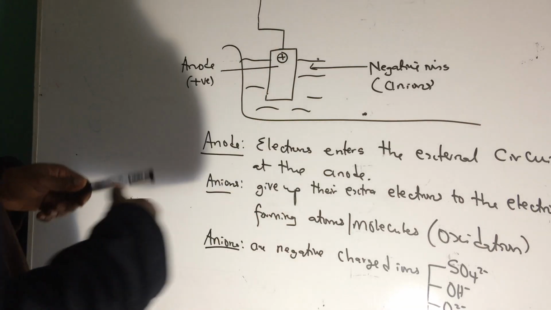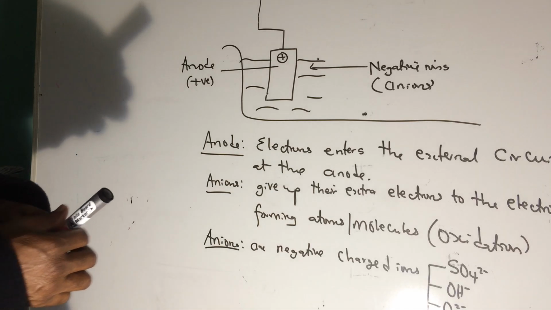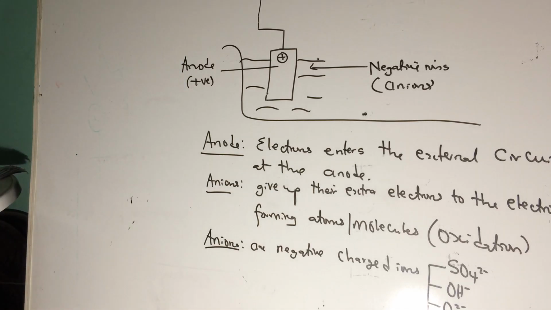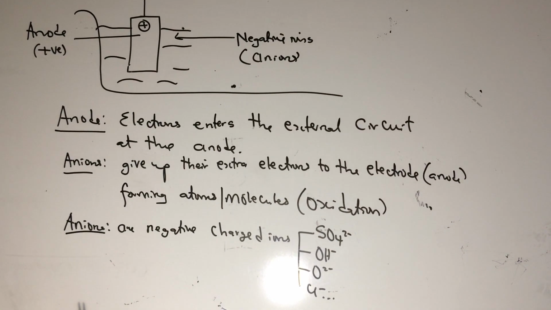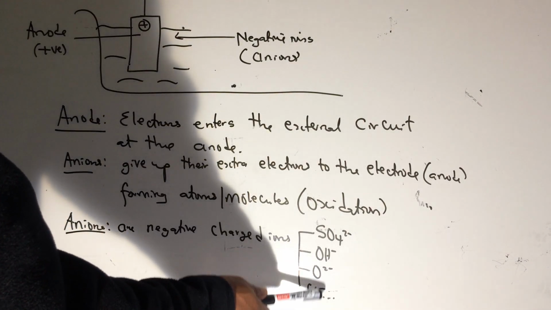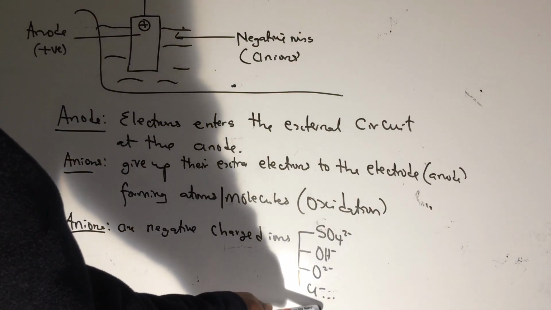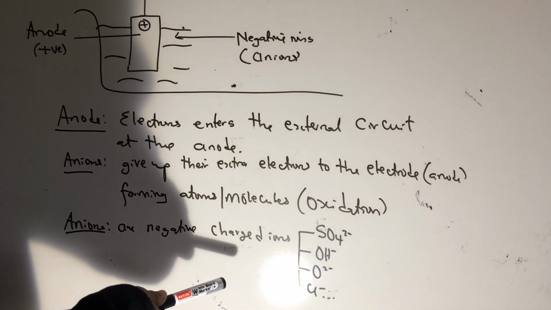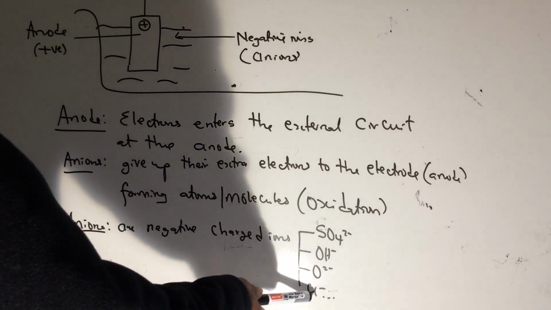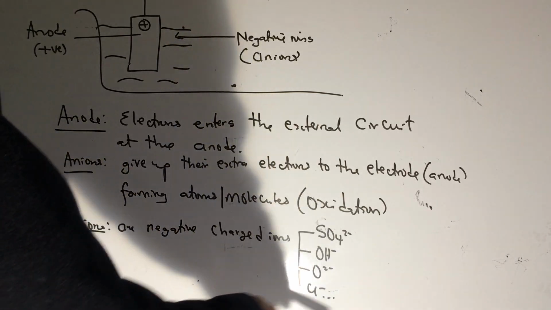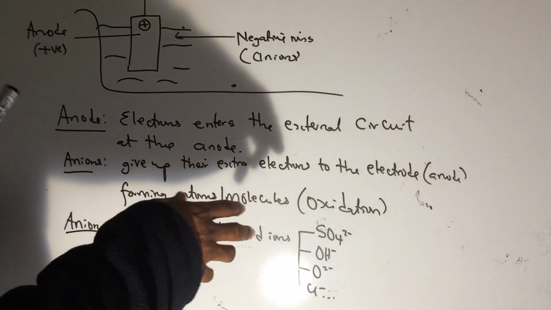Now, let's look at the various anions I've written there. You have the sulfate ion, the hydroxide ion, the oxide ion, and the chloride ion. There are others in group 7, the halides: chloride, bromide, iodide. They have the same pattern of discharge.